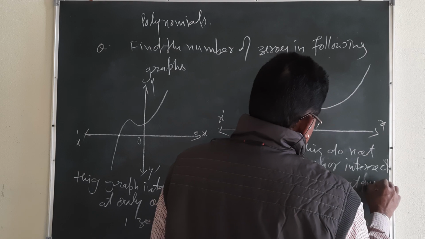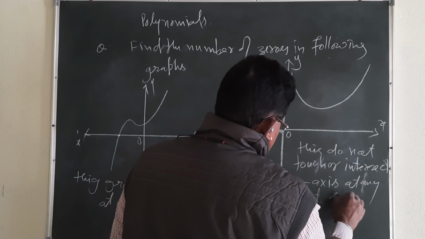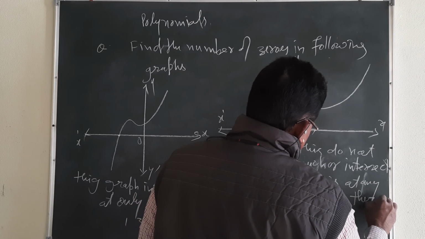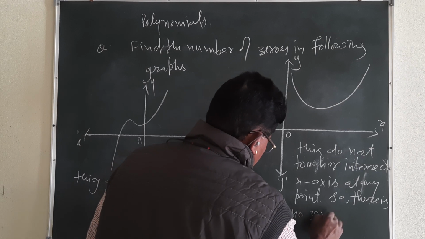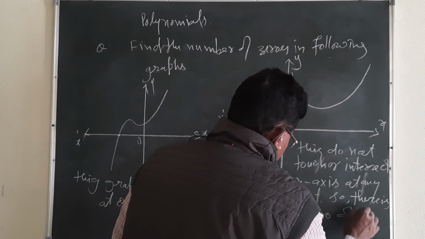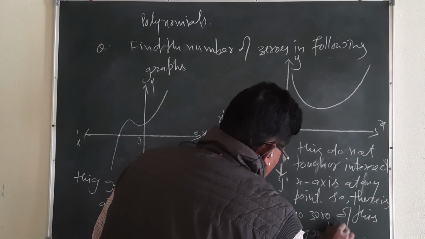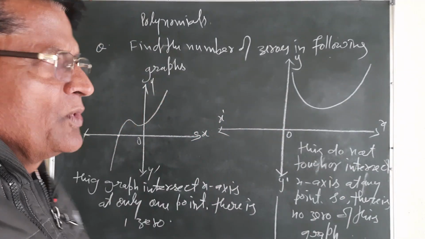So there is no zero of this graph. Like that, you can give the answer of different questions, my dear student, which is very, very important.